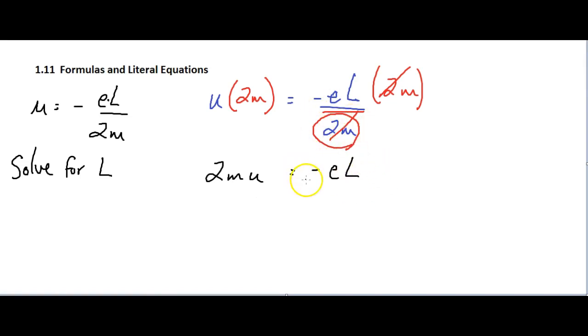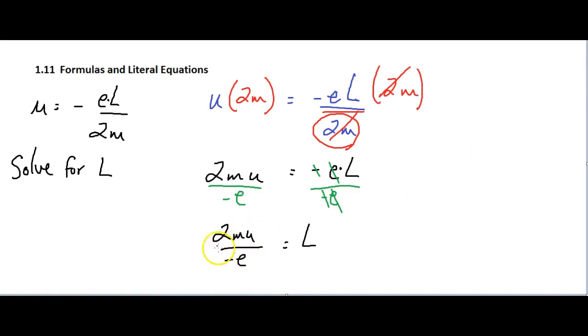Always multiply through by denominators and you will eliminate fractions, and it's better when you do. I'd like to isolate L still. I need to look at what's happening to L. It's being multiplied by minus E, and so the reverse of multiplication by minus E is to divide by minus E, divide by minus E, and we will cancel the negative, cancel the E's, leaving L. So 2mu over negative E equals L. Sometimes you don't see people leaving negatives in the denominator.